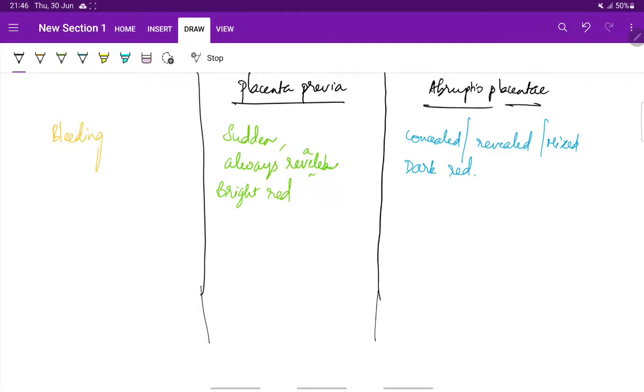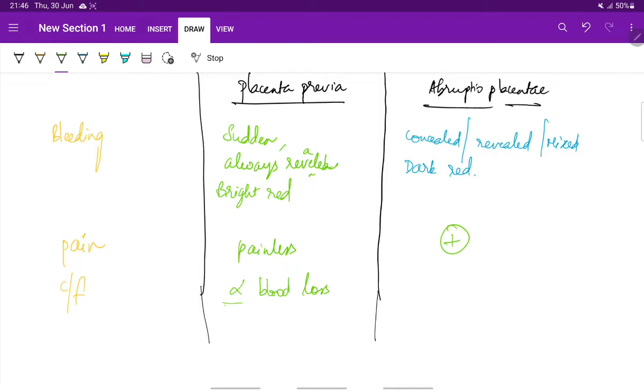Next, coming to the pain. Placenta previa is mostly painless, whereas the pain is always present in abruptio placentae. And the clinical features in case of placenta previa are proportionate to the blood loss.